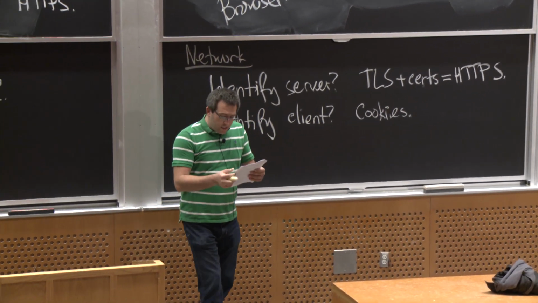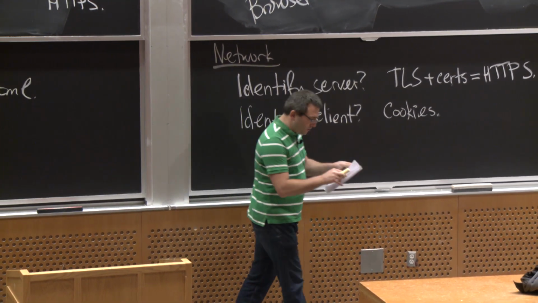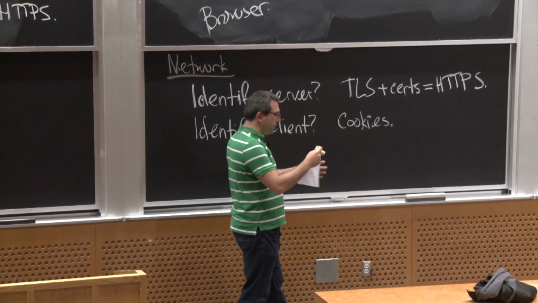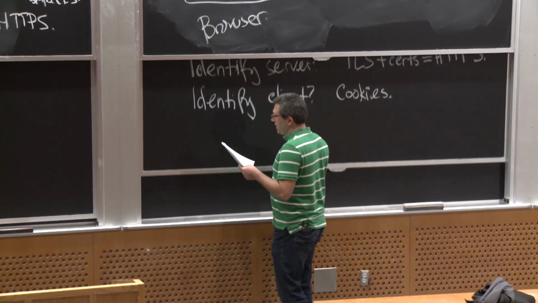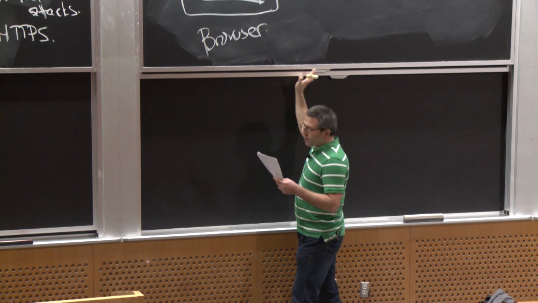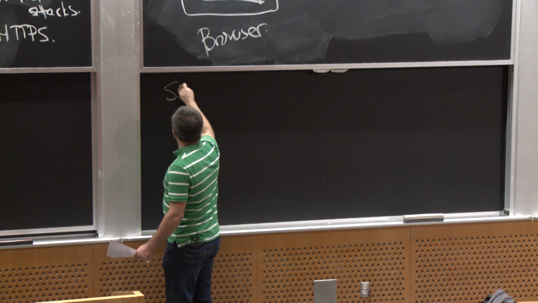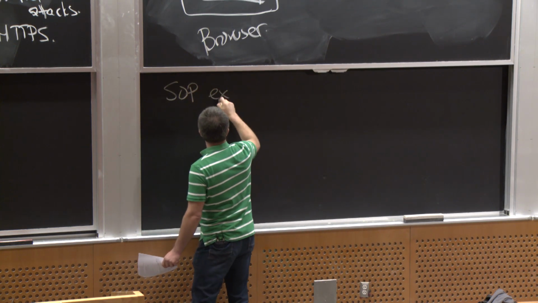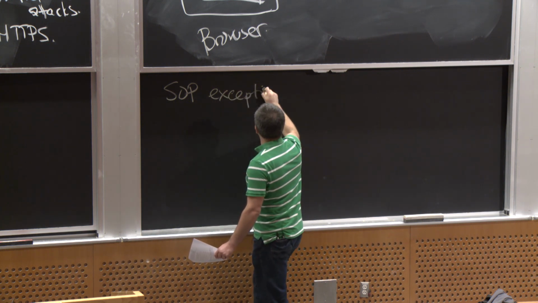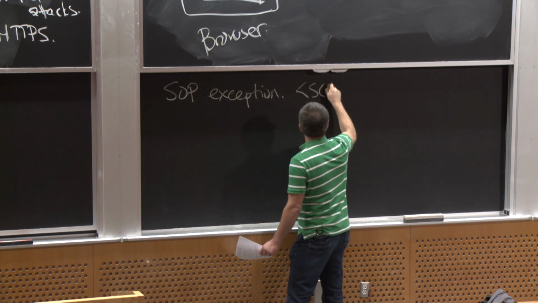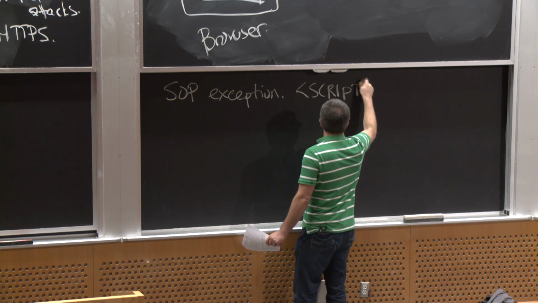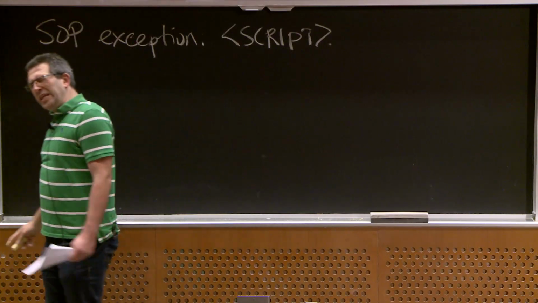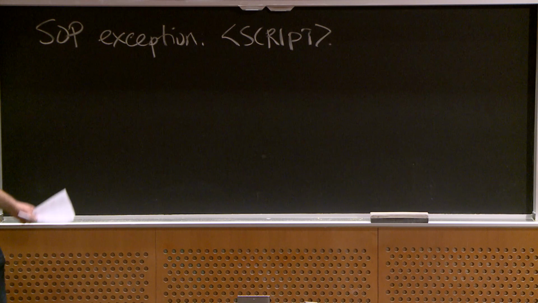All right, so let's talk about another exception to the same origin policy that turns out to be pretty important. This one has to do with JavaScript code itself. So here's another same origin policy exception having to do with script tags. This is one of the ways you can supply JavaScript code as part of your page.